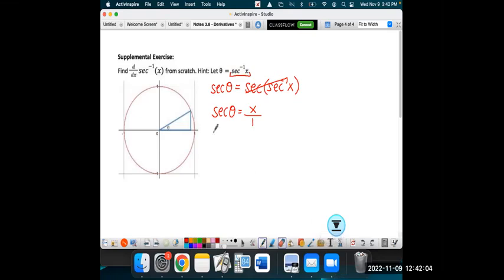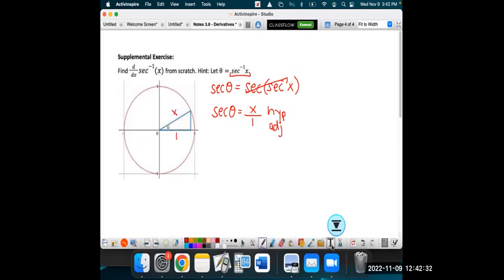Okay. So if I wanted to figure out the derivative of this from here, I need to at the very least put the information in and find my missing side. So secant, that's the reciprocal of cosine. Cosine was adjacent over hypotenuse, so I know that this would be hypotenuse over adjacent. All right, so that would be x over adjacent, which would be 1.